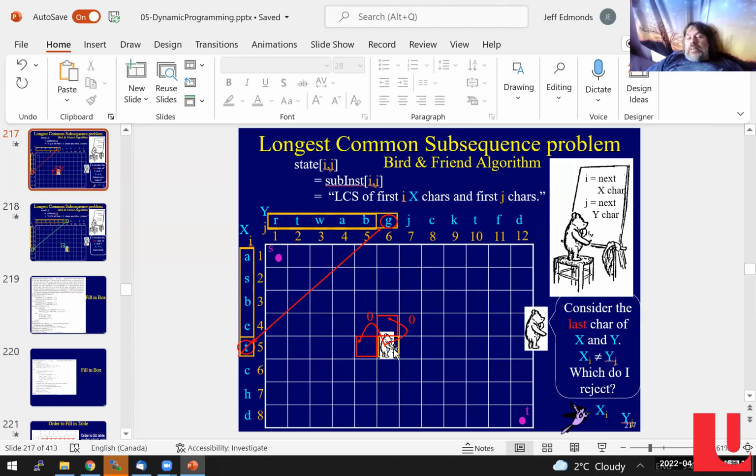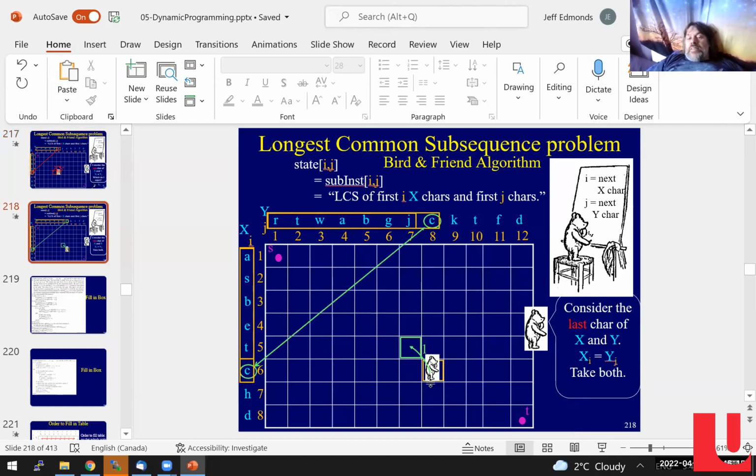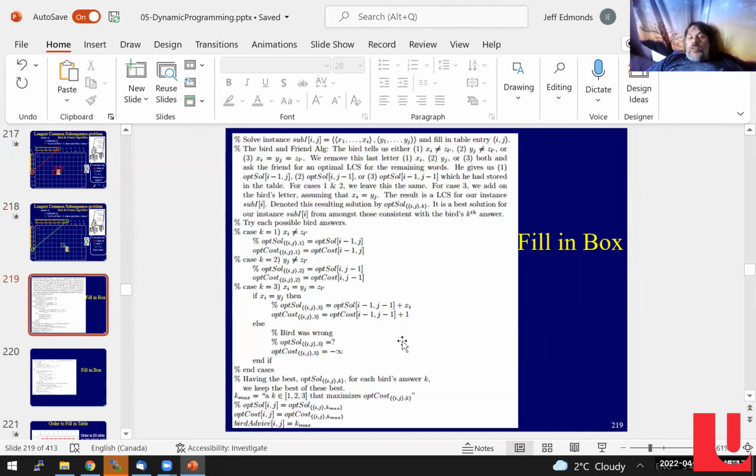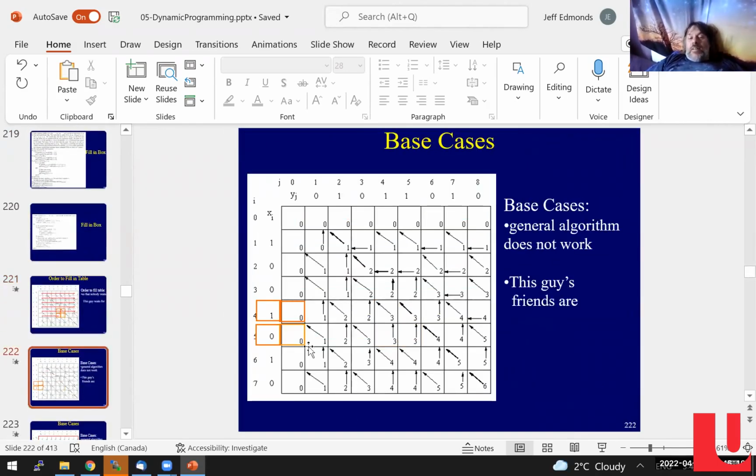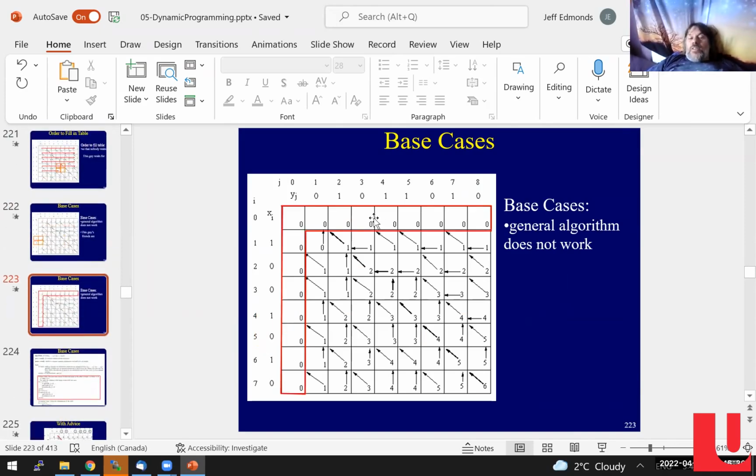This guy has this friend and this friend, and this guy has this friend. So who doesn't have friends? This 0 guy, he wants this friend and this friend, but those aren't really friends, are they? So these are all my base cases, right? These are guys that my other algorithm won't work for.